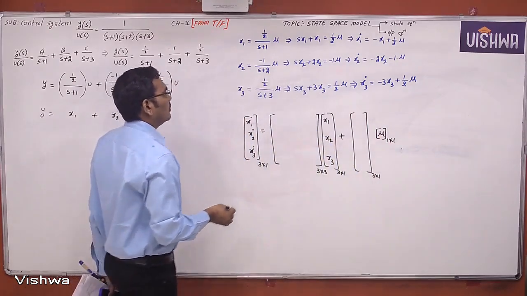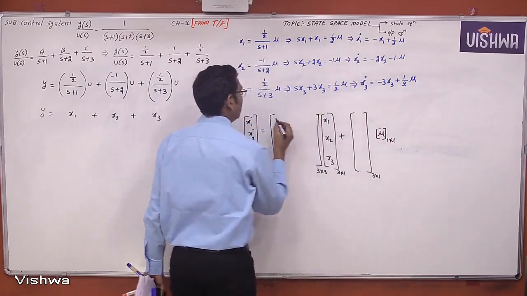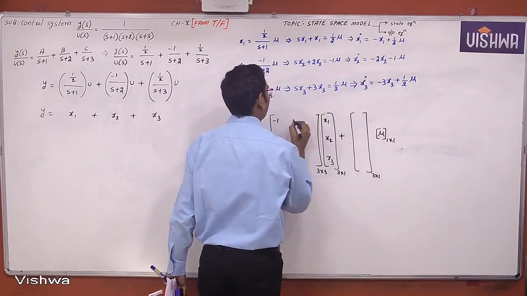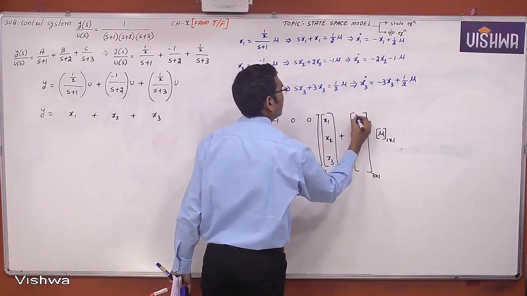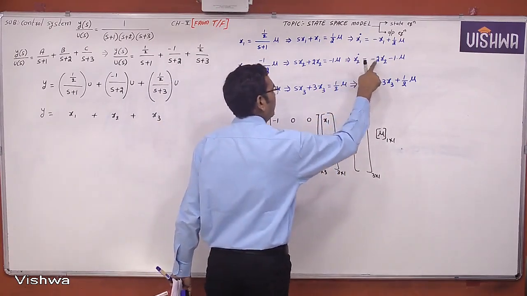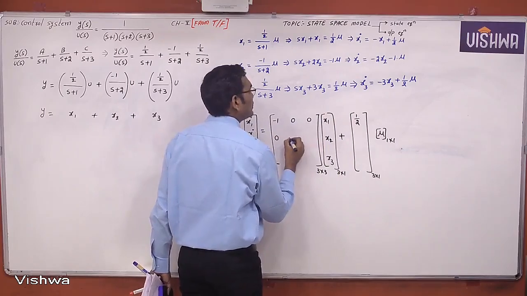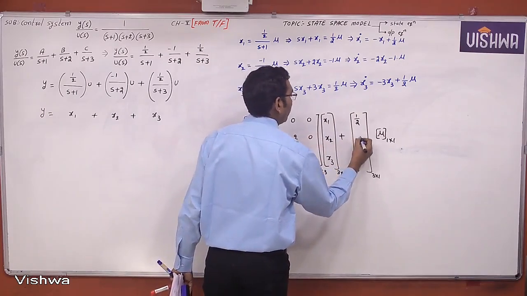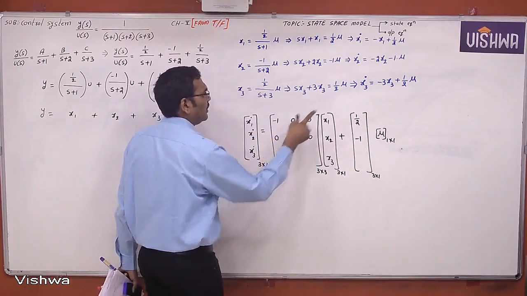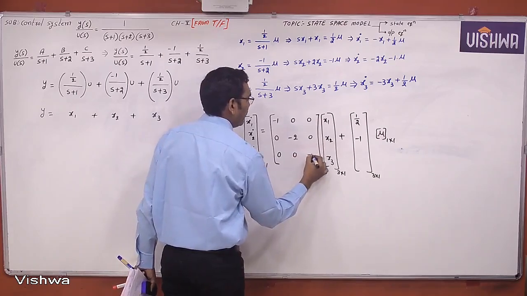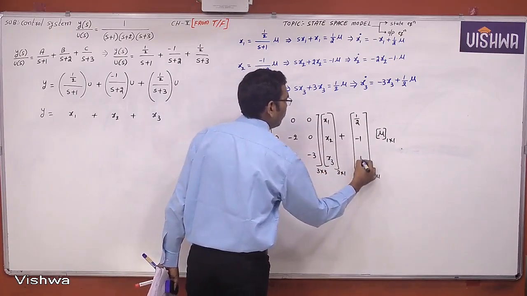In X1 dot, X1 is there with minus 1, X2 and X3 are not there, and U is there with 1/2. In X2 dot, X1 is not there, 0, X2 is minus 2, X3 is 0, and U is minus 1. In X3 dot, X1 and X2 are not there, X3 is minus 3, and U is also 1/2.